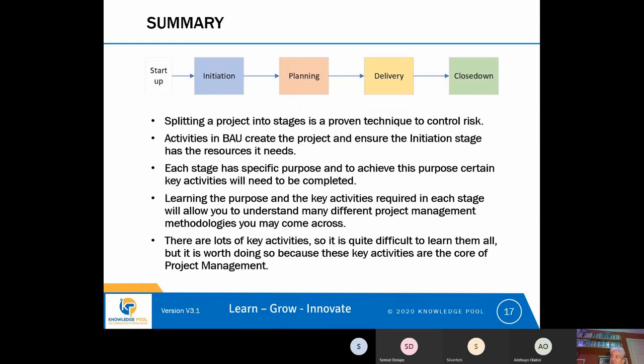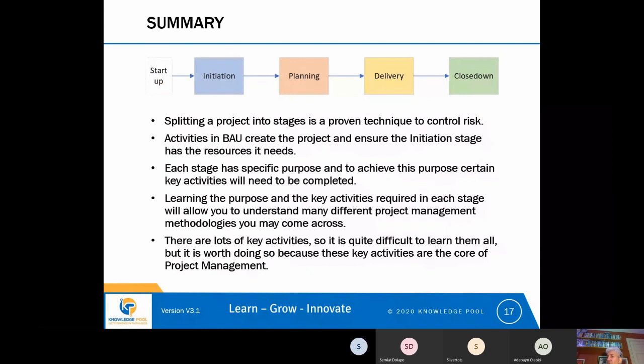During planning, we make sure we understand all the detailed requirements. We've done all our detailed designs. We've worked out how we're going to test our deliverables to make sure that they meet the requirements. We have a plan for delivery, and an updated view of all the risks that we're facing.